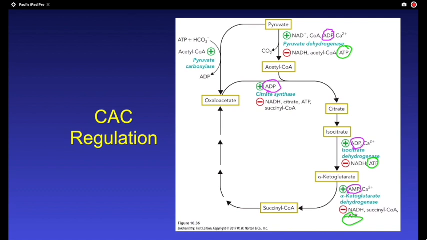All right. Let's try some other things. Succinyl-CoA will slow down this enzyme right here. Okay. Why would that happen? Or describe what kind of inhibition that is.